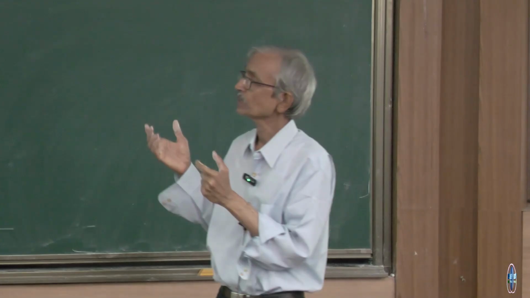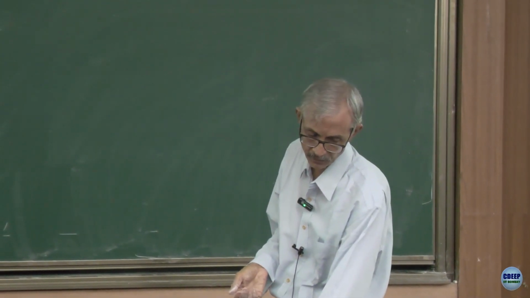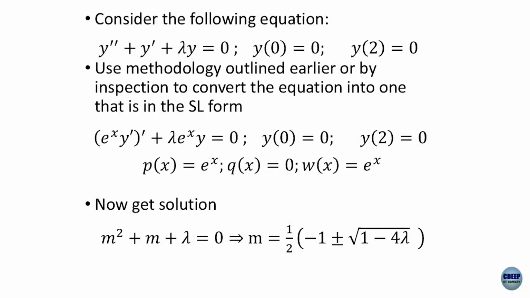Now there'll be a home assignment where a partial differential equation will end up with that exact same differential equation, and you would have to get the solution by looking at the fact that that's going to become a Sturm-Liouville system.